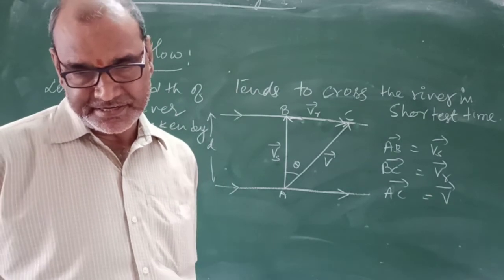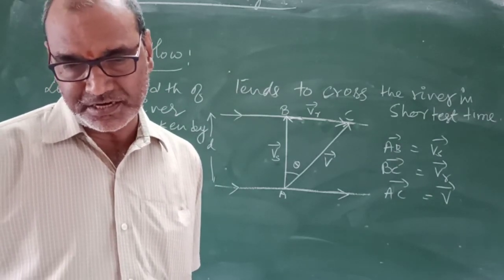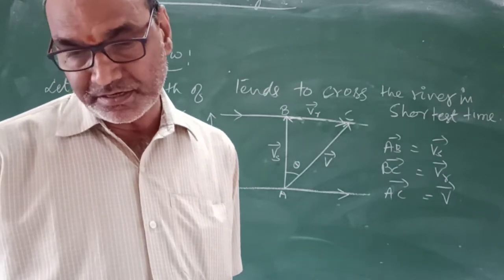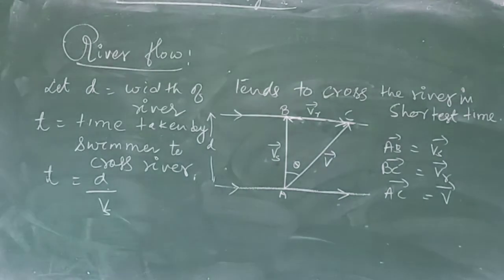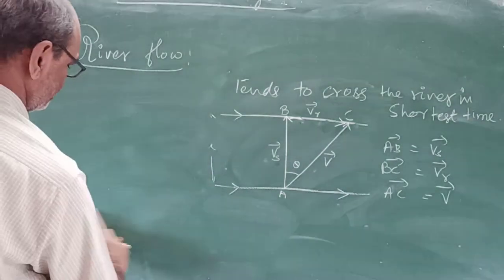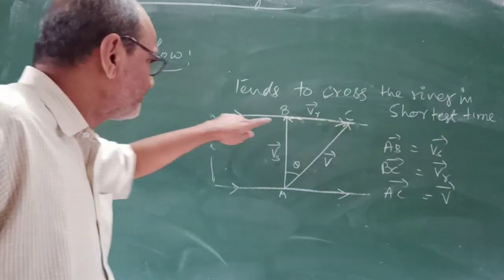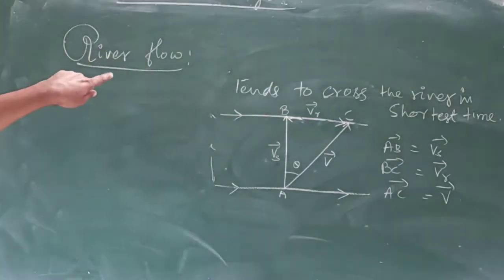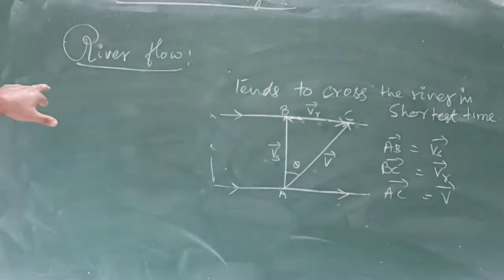We can say distance traveled by the swimmer down the stream. This one is the down the stream. This one is the up the stream. Clear? Down the stream, up the stream.